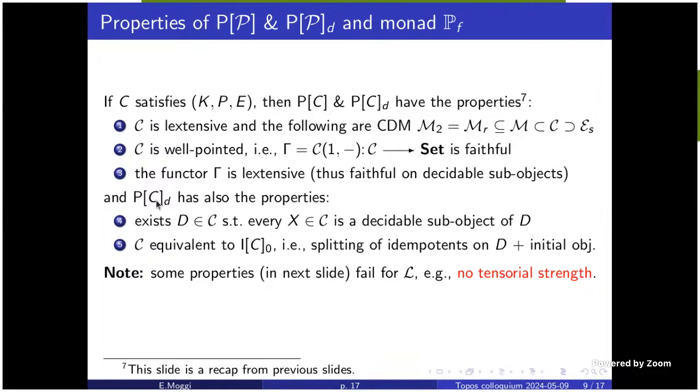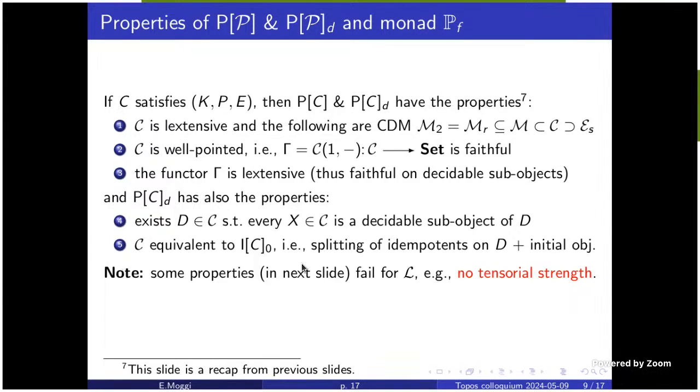If I consider just the category of decidable predicates on D, then we have that this category C has an object, namely D, and every X is a decidable subobject of this object. And moreover, this category is equivalent to the category that I obtain by splitting the idempotents on D, viewed as an object of C, plus the initial object.